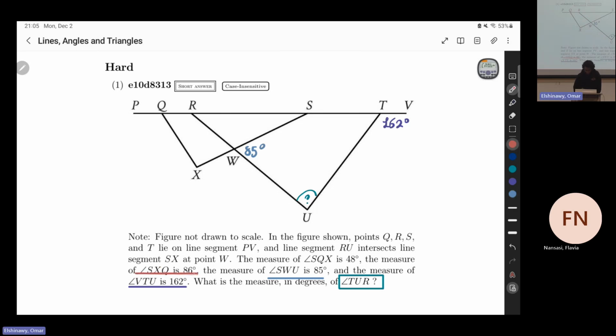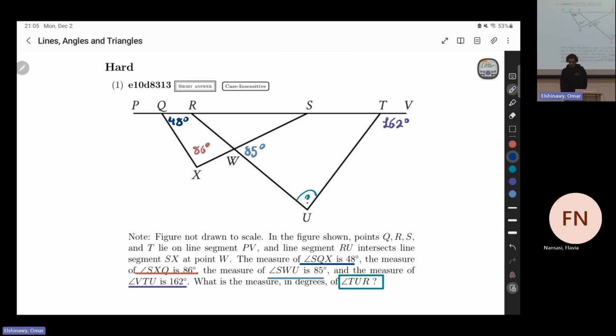SXQ is 86. And finally, I think SQX is 48. SQX is 48.